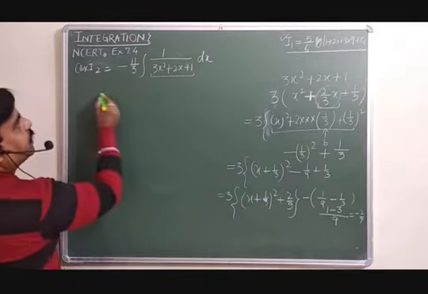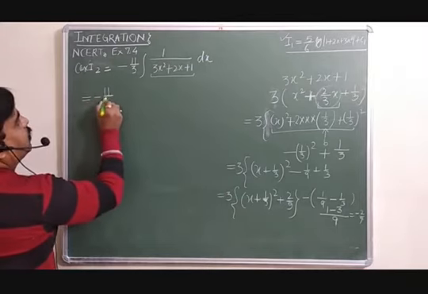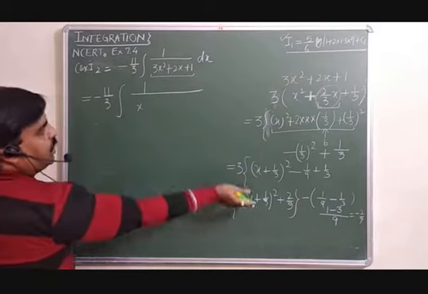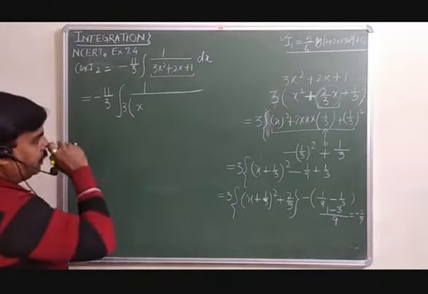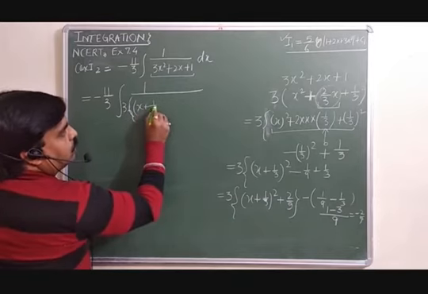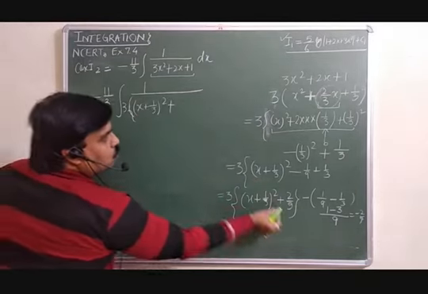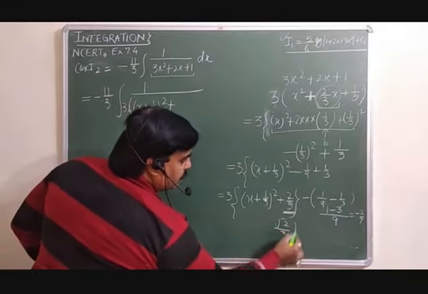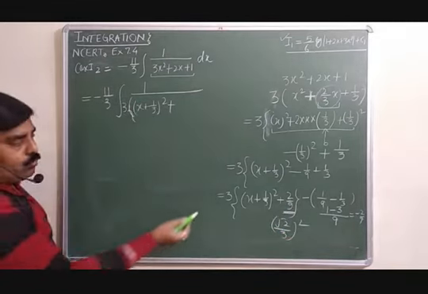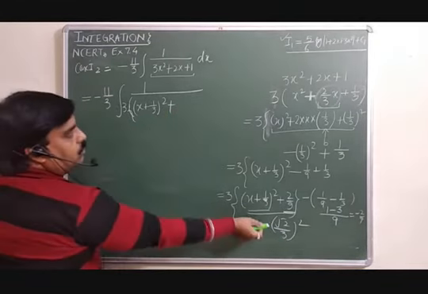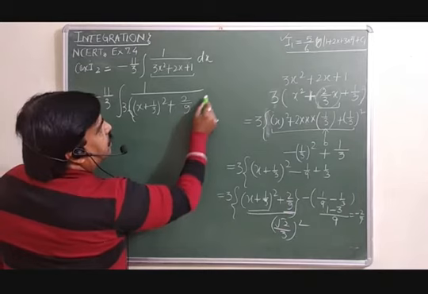So how can we write this, see: minus 11/3, this is 1/x, this 3 you can take out here only. This is your (x + 1/3)² plus 2/9, and 2/9 can be written as (√2/3)², because we want to write in the form of x² + a². So for now just write it as it is here, and this is dx.